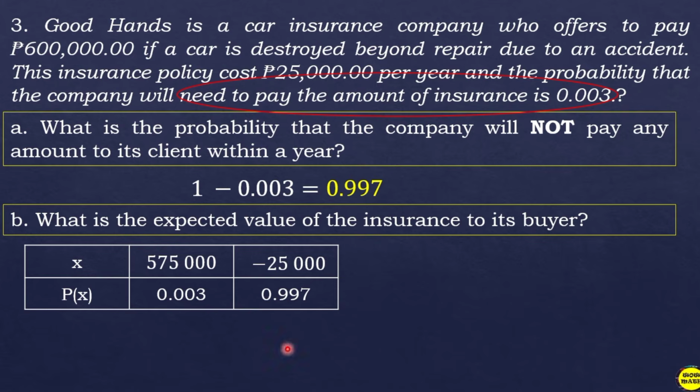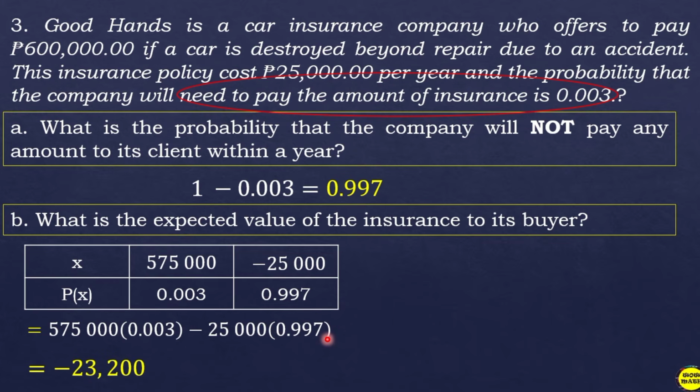So, this is now our discrete probability distribution, so we can compute the expected value. That will become 575,000 times 0.003 minus 25,000 times 0.997. So, that is negative 23,200 pesos.